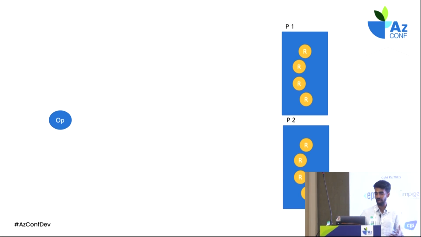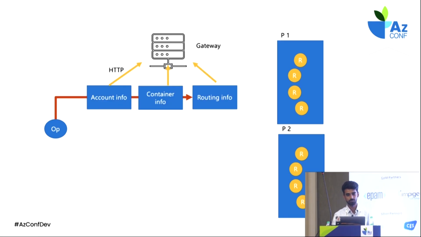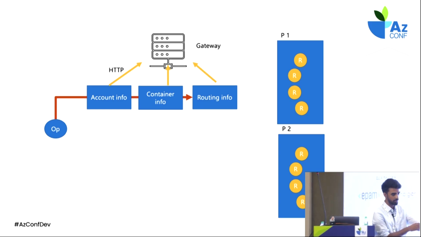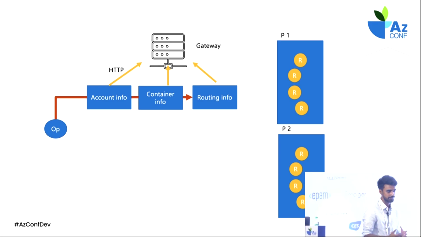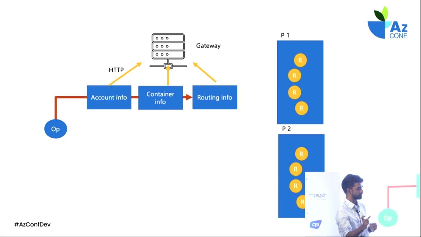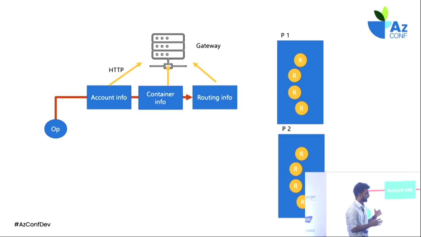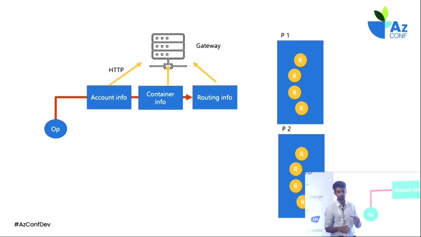So let's see what happens when you do such operations, because this has led to some issues from the customer side. In order to talk to the backend, the SDK eventually requests some of the information that we have on the backend. Assume you're talking to any of the databases: you need the database information, where it's hosted, and what replicas it needs to talk to.